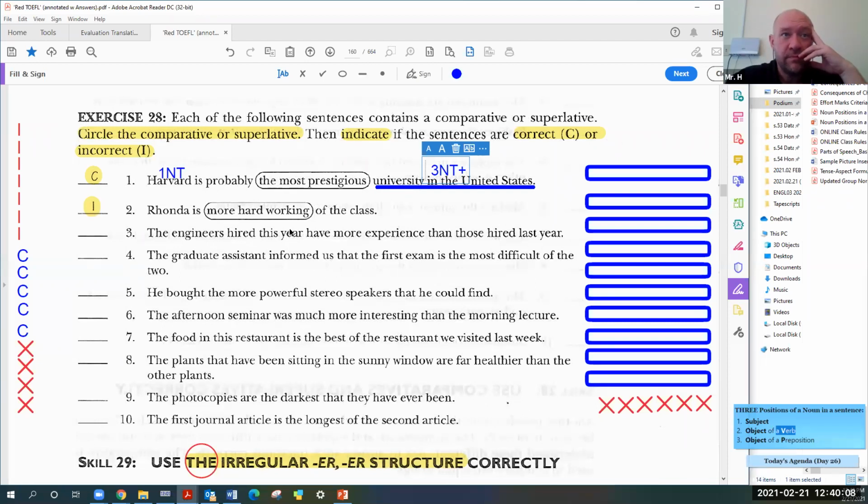Rhonda is more harder working of the class. It should be the most because it's comparing person and people. Okay. So Rhonda is what? Is the most. First noun, person.